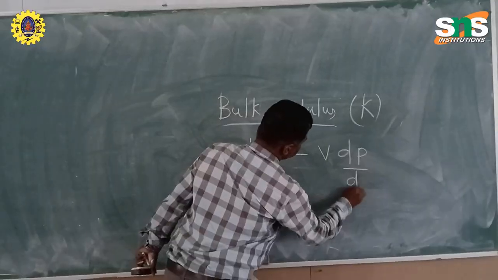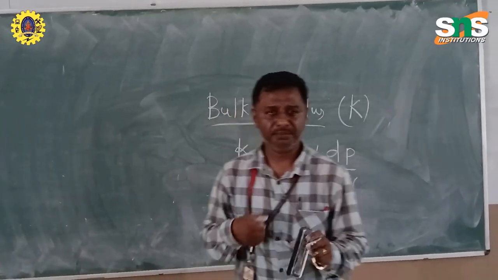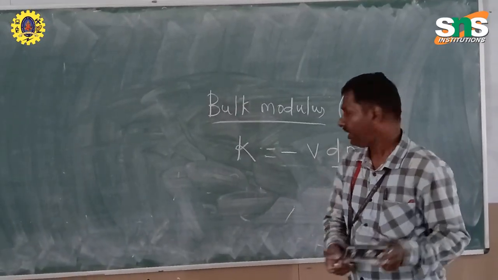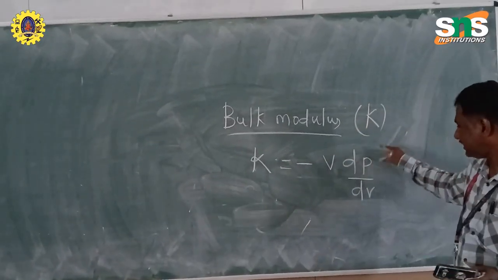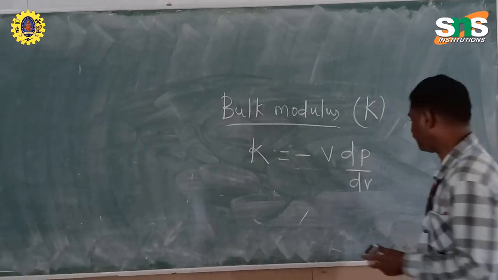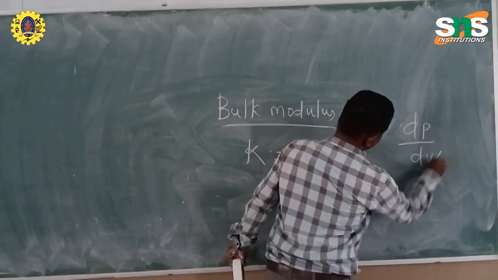If you apply pressure, there is a variation in pressure and the volume changes. So it can be represented as the change in pressure over the volumetric strain.